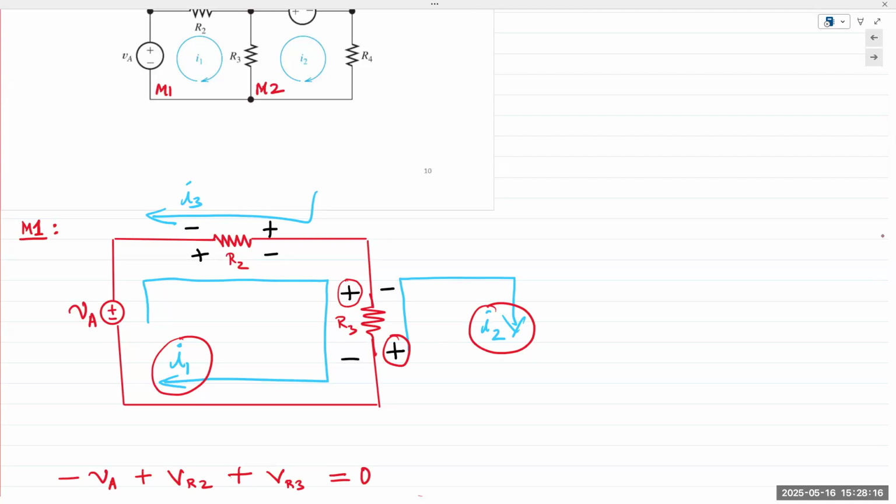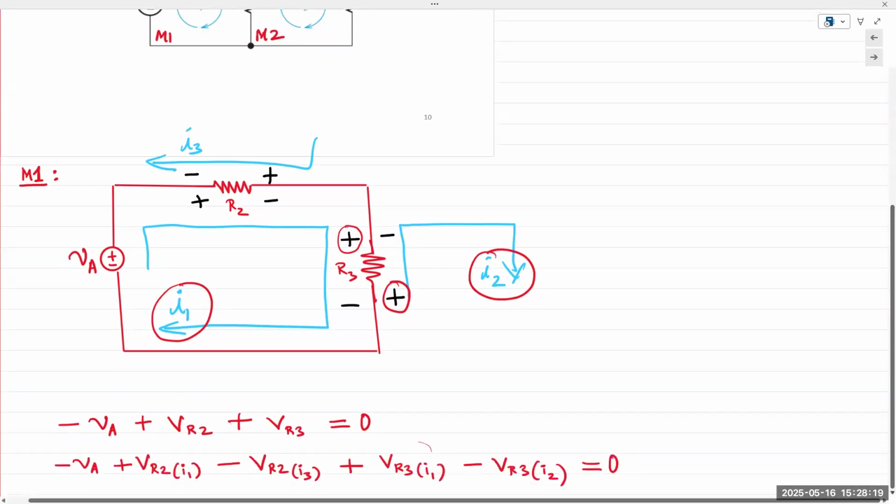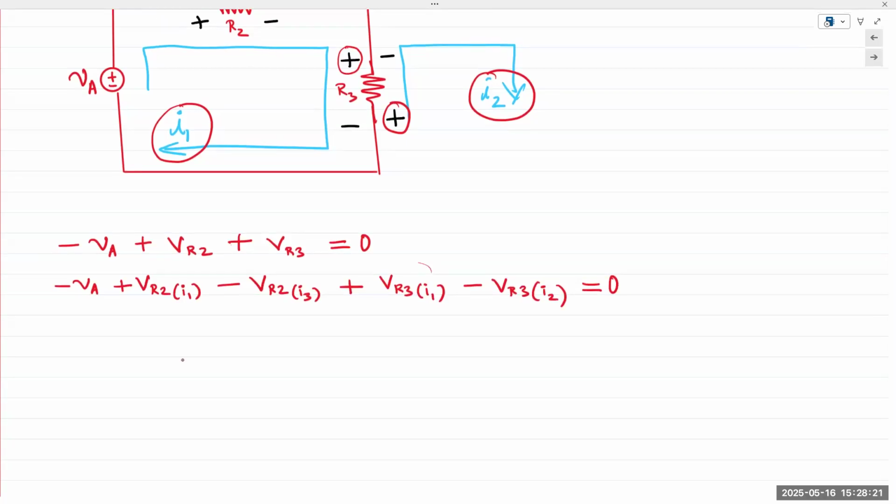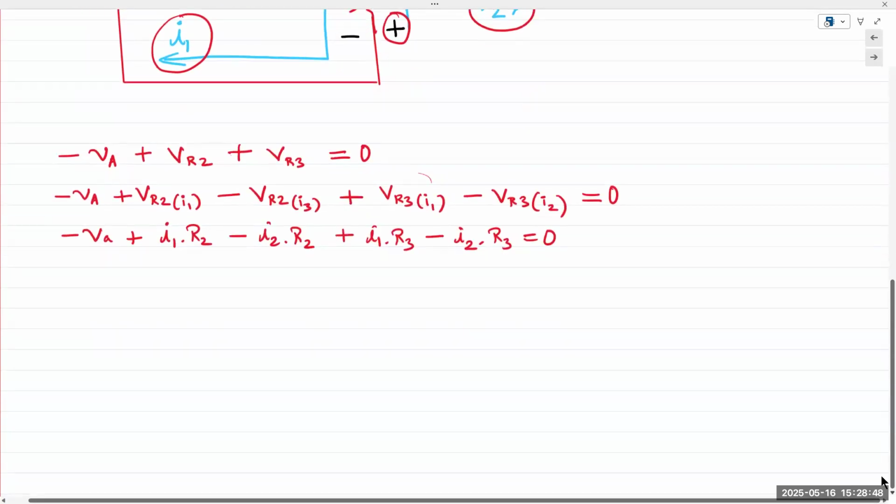Okay, so now, because I have opposite directions, I have one positive, one negative voltage. And if I sum these up, I get minus VA plus I1 R2 minus I2 times R2 plus I1 R3 and minus I2 R3 is equal to 0.